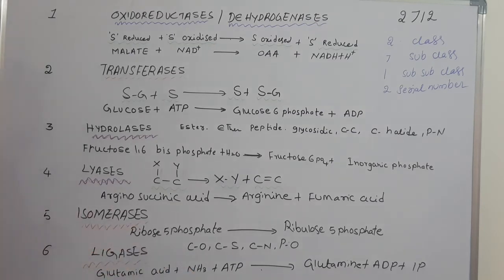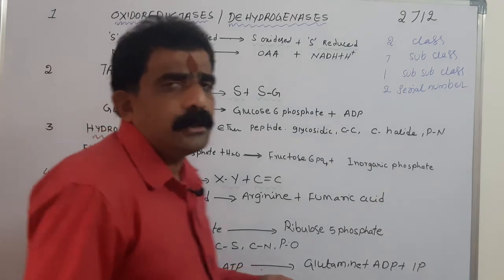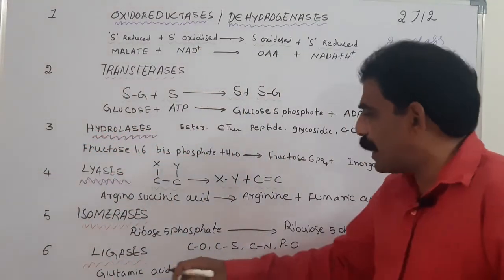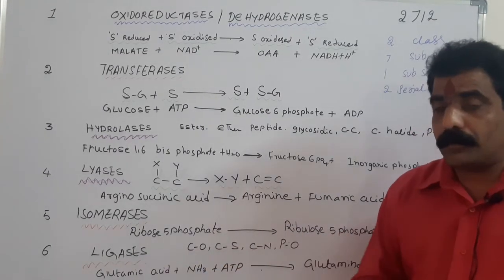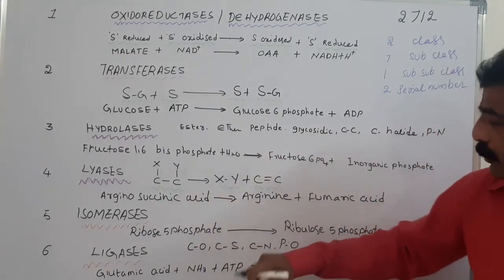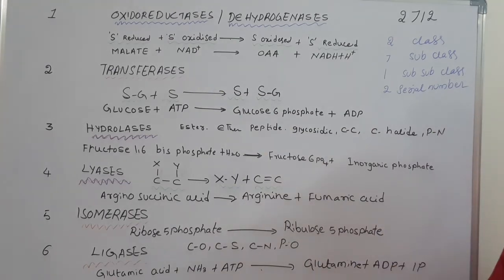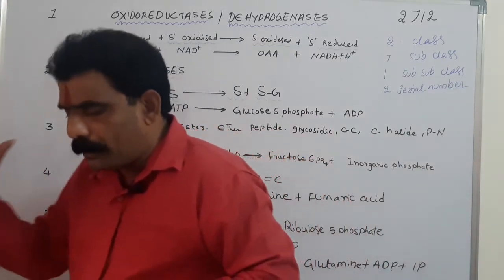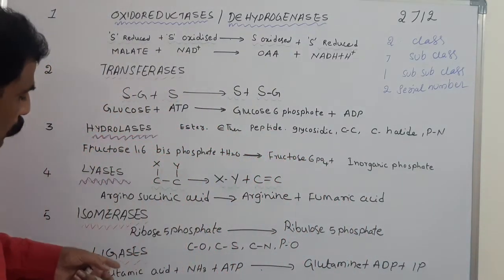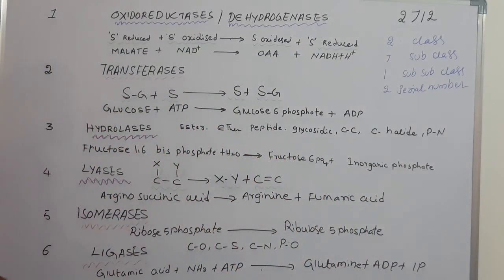ATP is needed for the bond energy. So ATP is hydrolyzed to ADP and inorganic phosphate, both released here. The energy is utilized for the formation of the new bond. Here ammonia is utilized now. This amino group is added to glutamic acid, resulting in the formation of glutamine. Glutamic acid is different, glutamine is different.